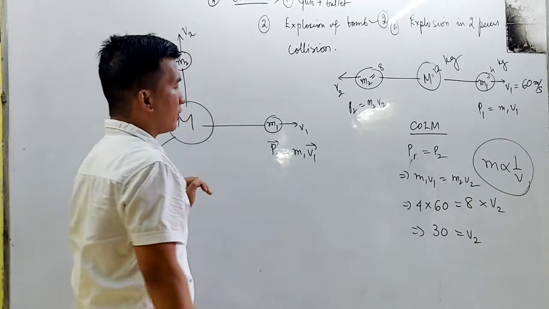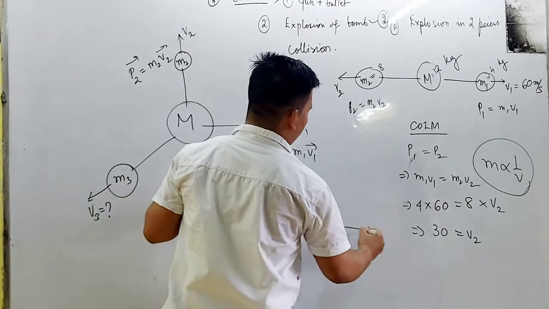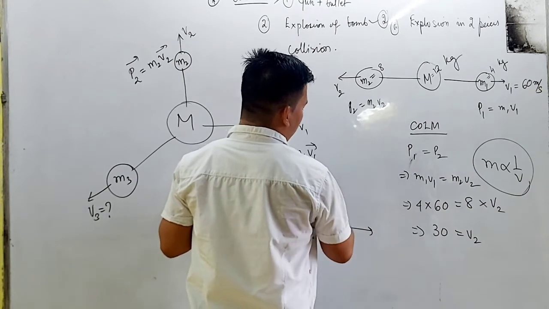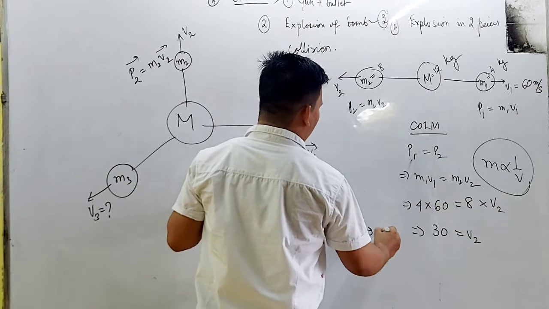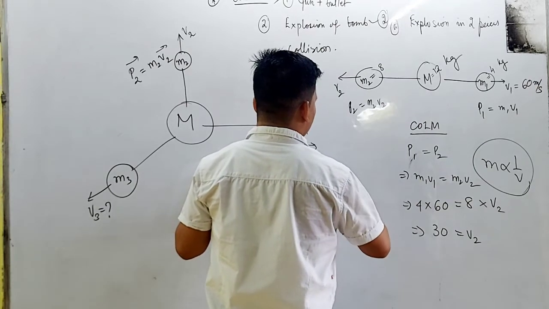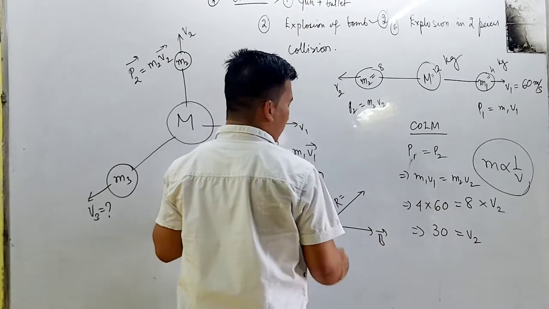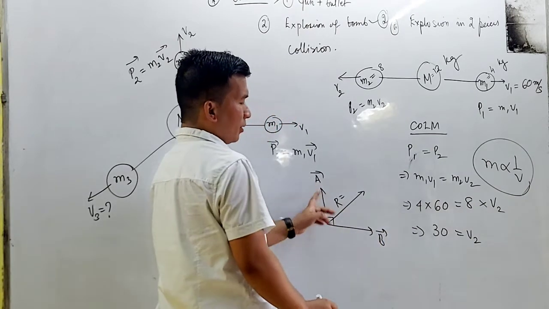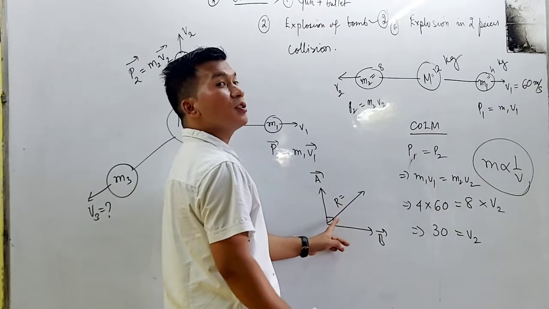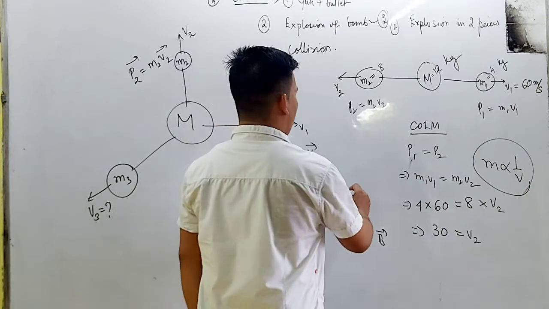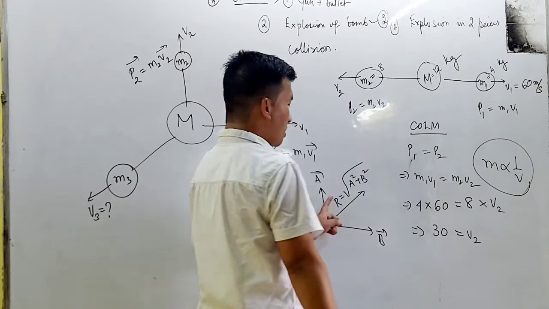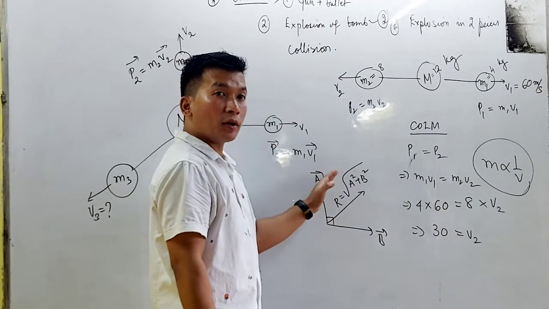This is vector A and this is vector B. What would be the magnitude? The resultant magnitude R, when A and B are inclined at 90 degrees, will be root over A square plus B square.